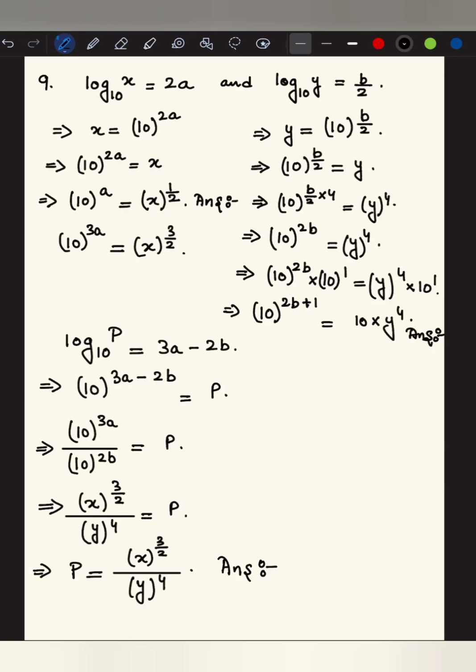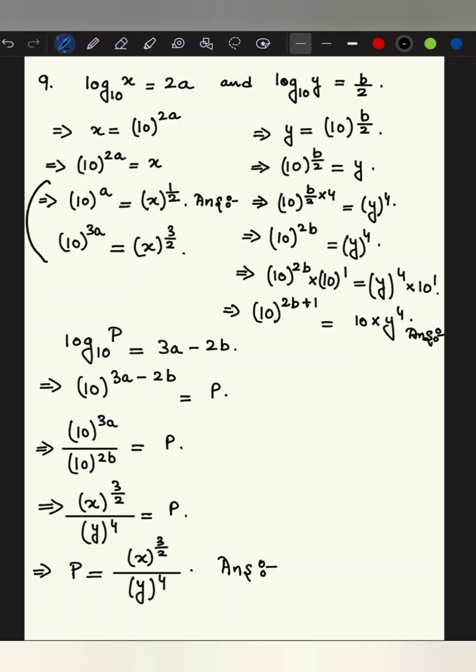Here 10 to the power b by 2 is equals to y. So here 10 to the power 2a equals to x, and we need to find out the value of 10 to the power a. So we can square root both sides. Then we will get 10 to the power a will be equals to x to the power half. Got it?